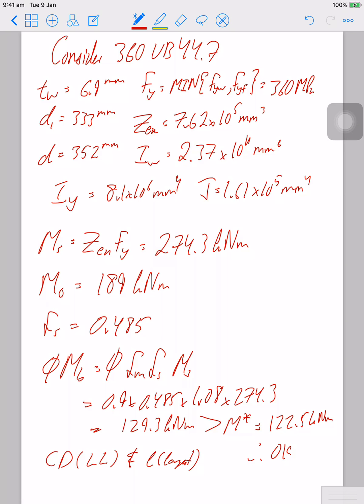However, in your solutions, they also want you to do a check for segment AB, which is fully restrained at both ends. Because your solutions want me to do that, I will have to do that.